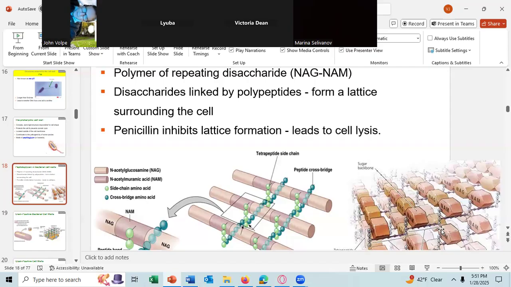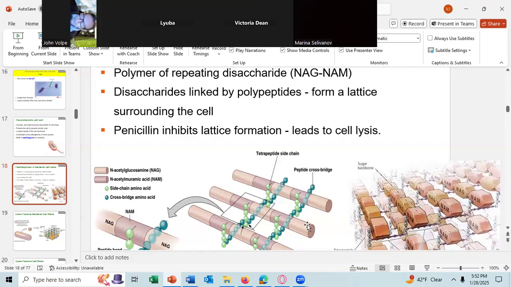Let me warn you that this artist rendition is showing you one layer of peptidoglycan. In reality, there are multiple layers. This one's a little better, showing you 3 layers. Gram-positive cells will have a peptidoglycan layer that is at least 2 layers thick, so it's more than 1 layer.